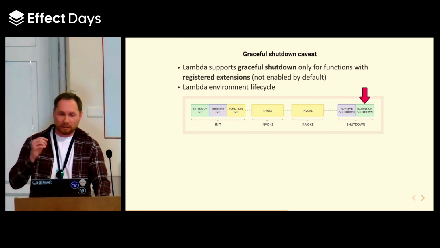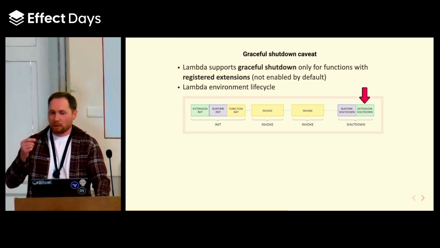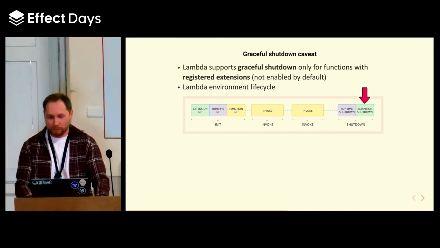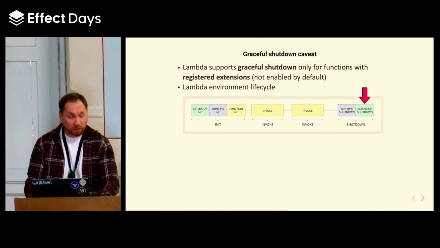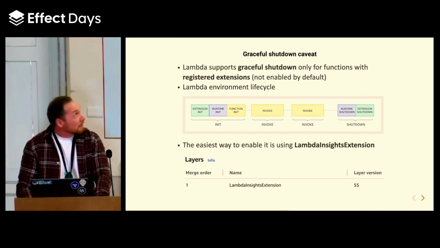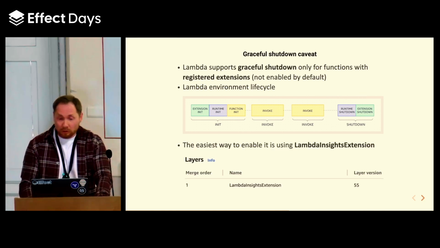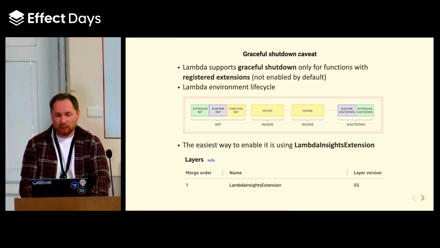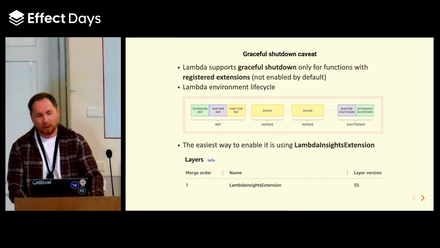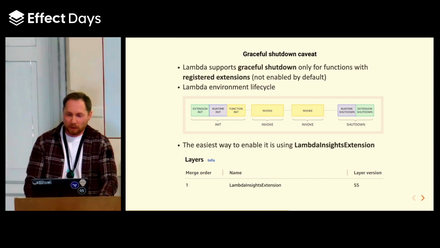The extension also gives us time to close all the resources properly, and this works nicely. The easiest way to enable this is just using the Lambda Insights extension. It is an AWS-provided extension. You just attach it to a Lambda function, and you're good to go.